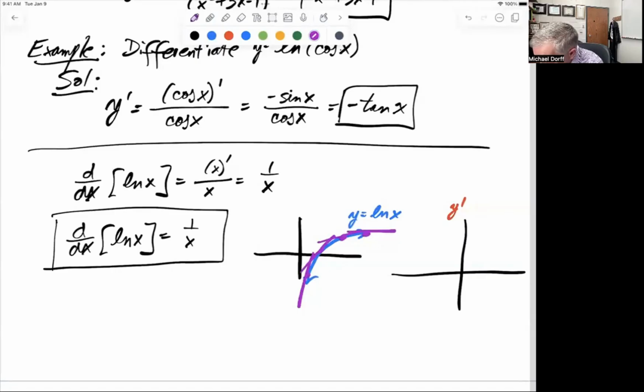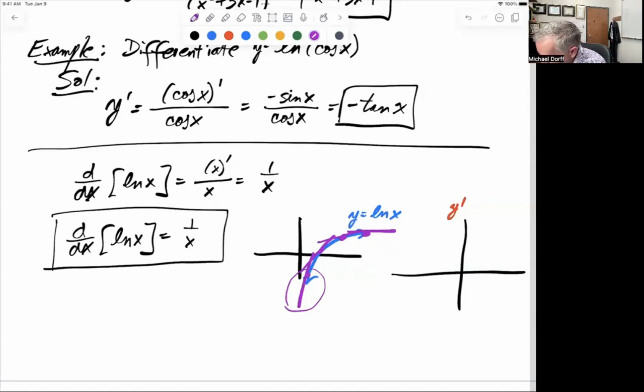What happens? Well, I start off here, my slope is positive, in fact, for all these points on here, the slope is a positive number. When I'm farther to the left, closer to the y-axis, that slope is a really high positive number. And as I go farther to the right, as x gets farther to the right, my slope is still positive, but it becomes smaller and smaller, and eventually it gets close to 0.